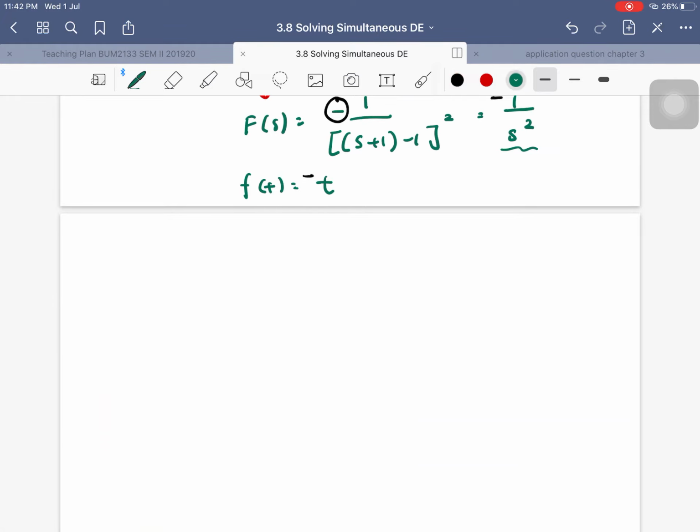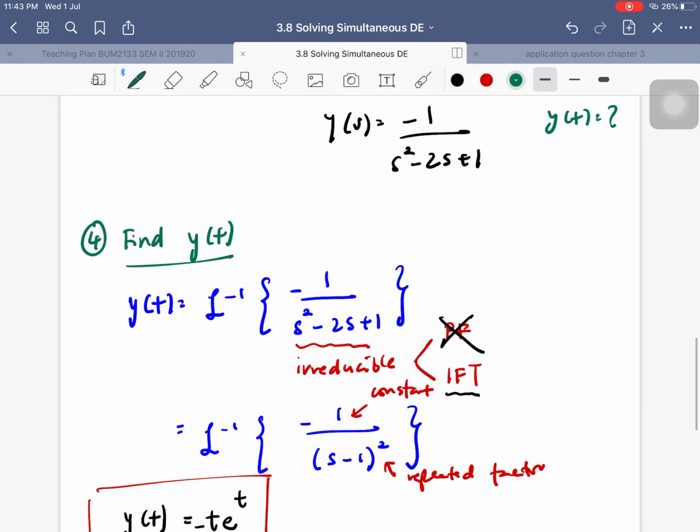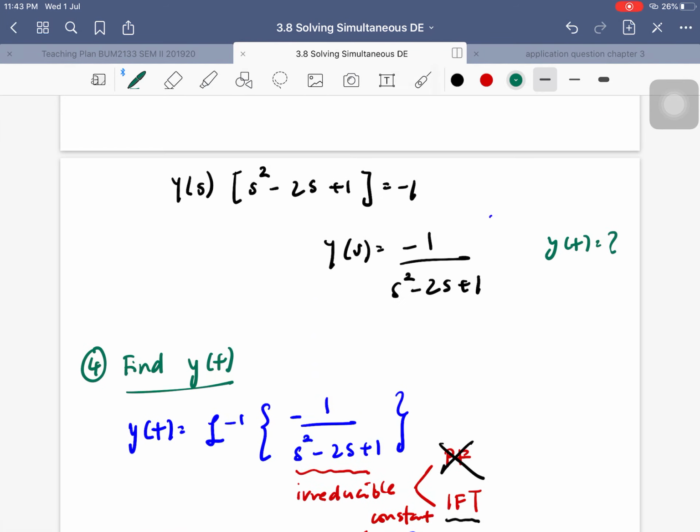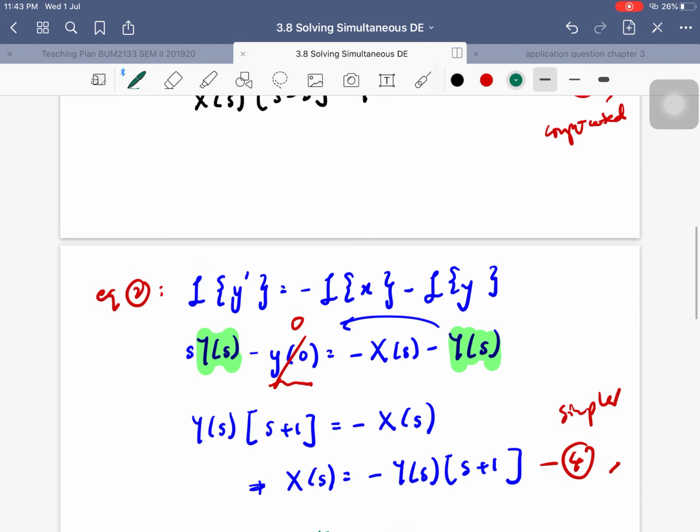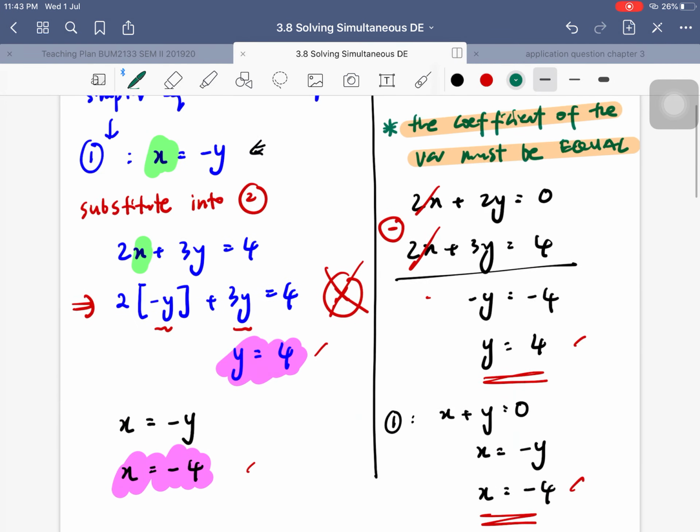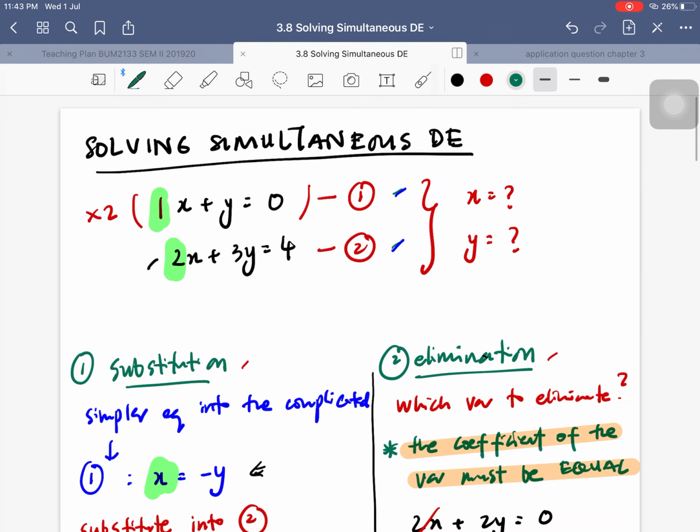Okay, step number 5. Now that I already have found y(t), I still have another mission. I still have to find what is going to be x(t). If I want to find x(t), does that mean that I have to go through all this process again, find X(s) and then Laplace inverse to find x(t)? The answer is no. You have to use back the original equation. Remember what we did before in the simple one?